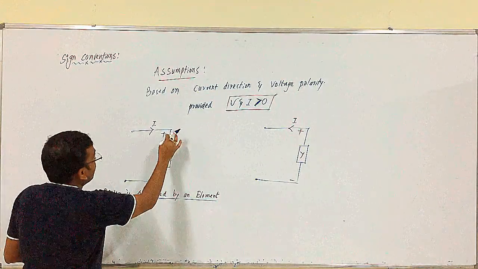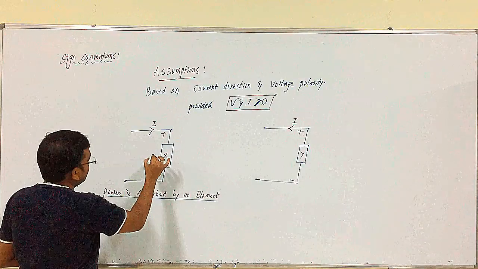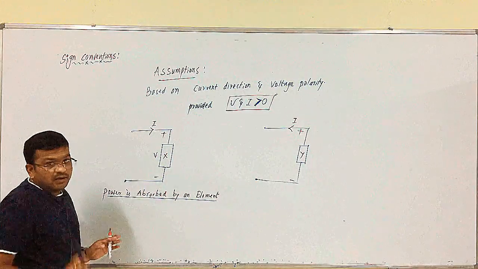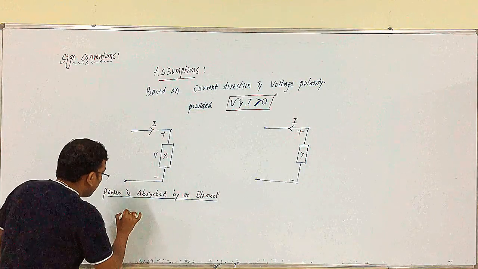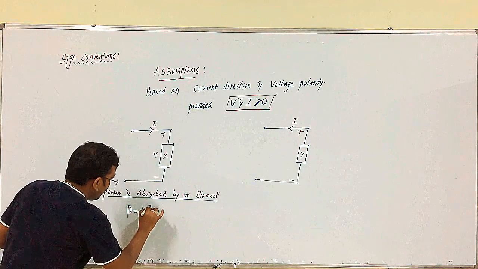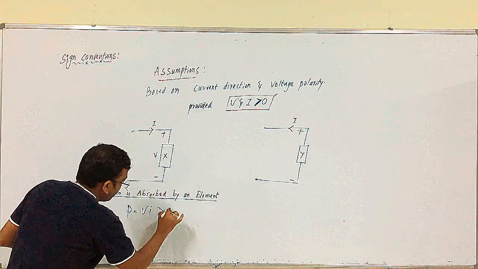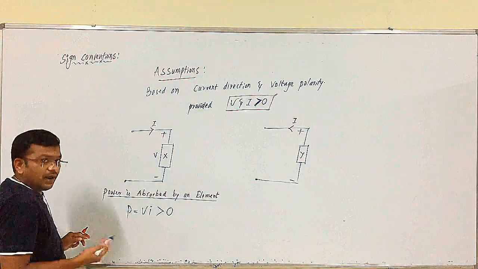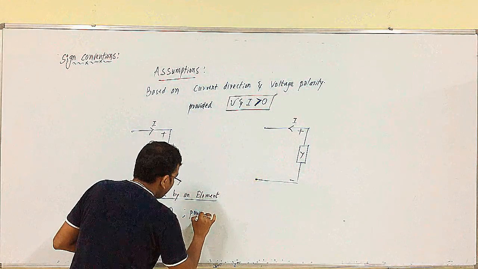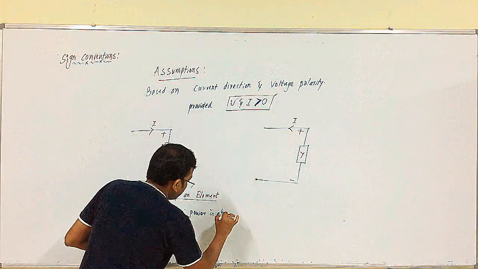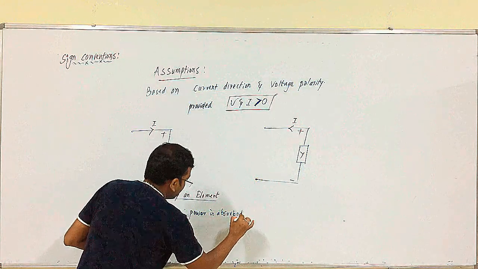Then, provided V and I is more than 0, V is positive, I is positive. Therefore, the total power, which is equal to V into I, should be more than 0, right? Then only power is absorbed, right?